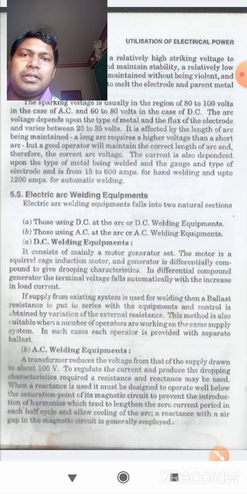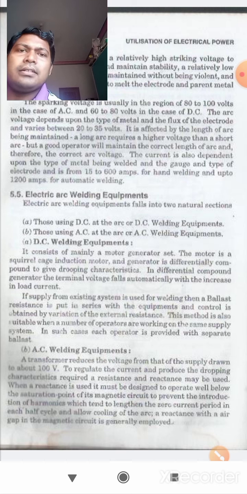DC welding equipment consists mainly of a motor generator set, or it is popularly known as MG set. The motor is a squirrel cage induction motor and the generator is differentially compounded to give drooping characteristics. So students, drooping characteristics is the characteristic between voltage and current.